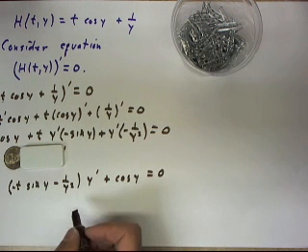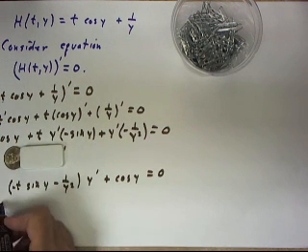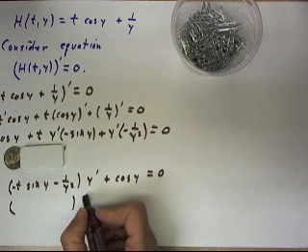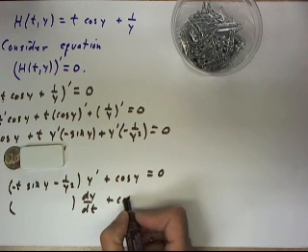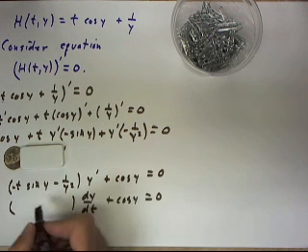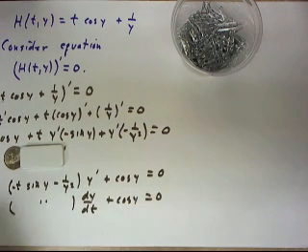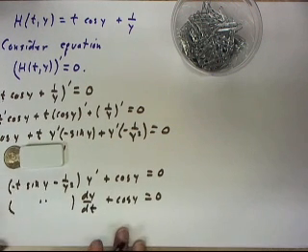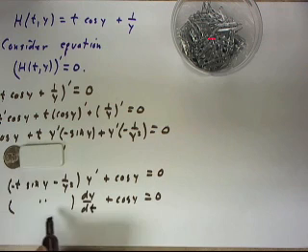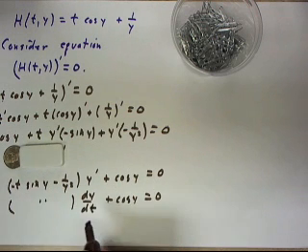Okay, now y' is dy/dt, so we have this times dy/dt plus cosine of y equals 0, where what's in here repeats what we have up here, and we're going to write it out here in a minute. Multiply both sides by dt.